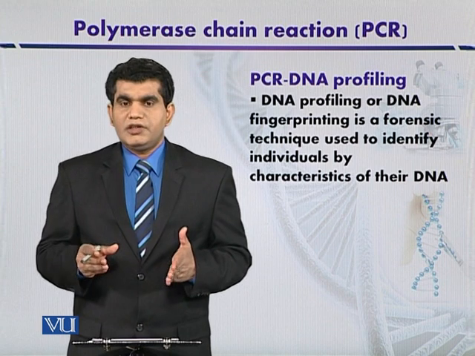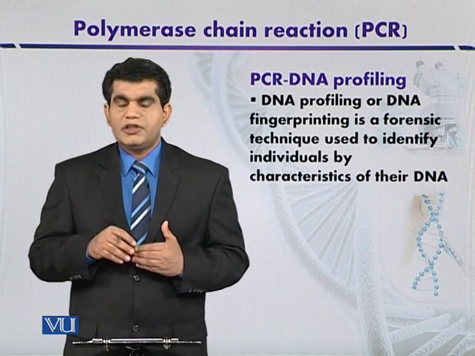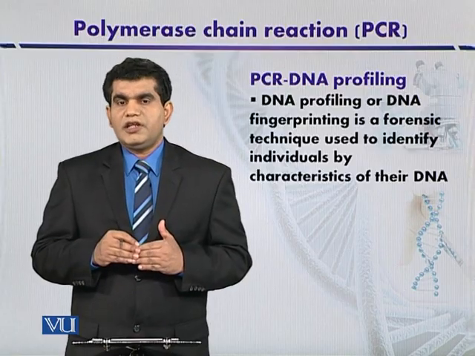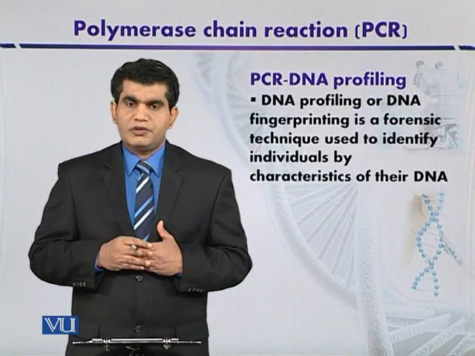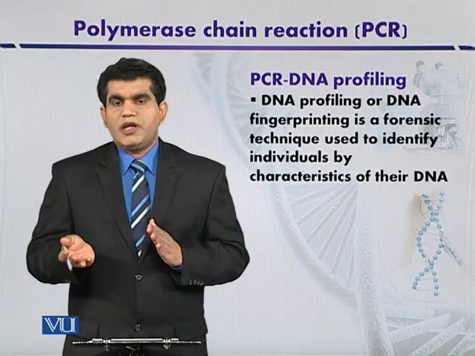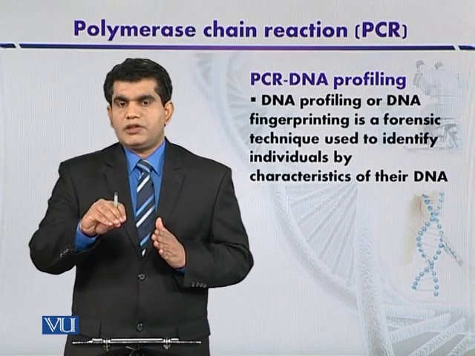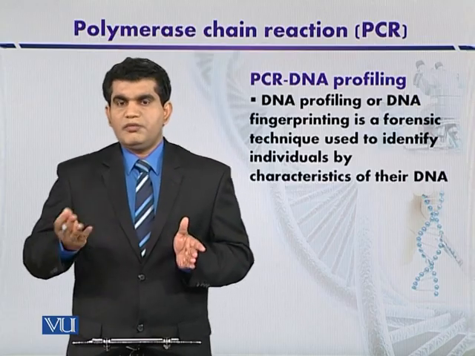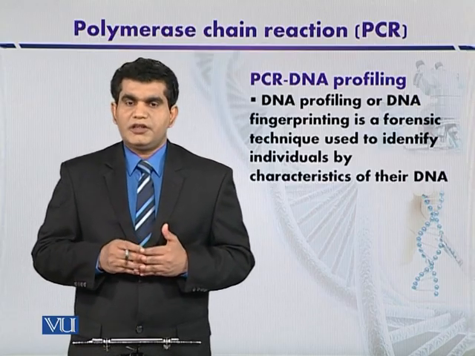So genomic DNA is there, we have a particular restriction enzyme, and we can digest the DNA that has been extracted from different sources. Like DNA can be extracted from the tissue collected from the crime scene, from the suspect, or from the victim, or different suspects that are involved.